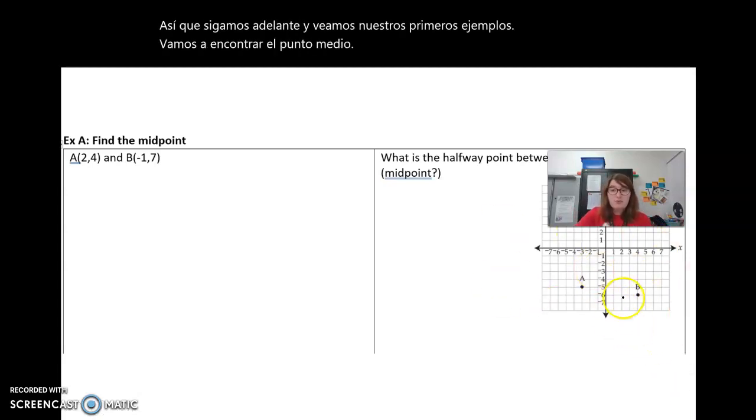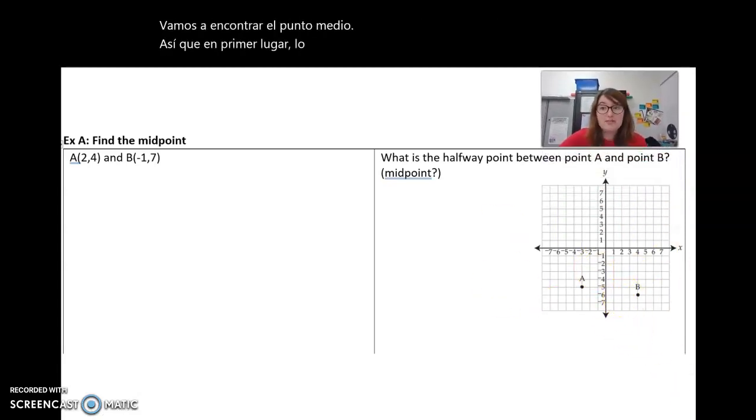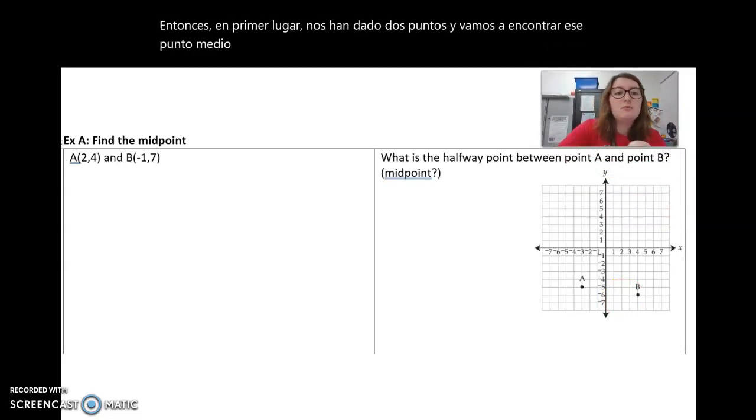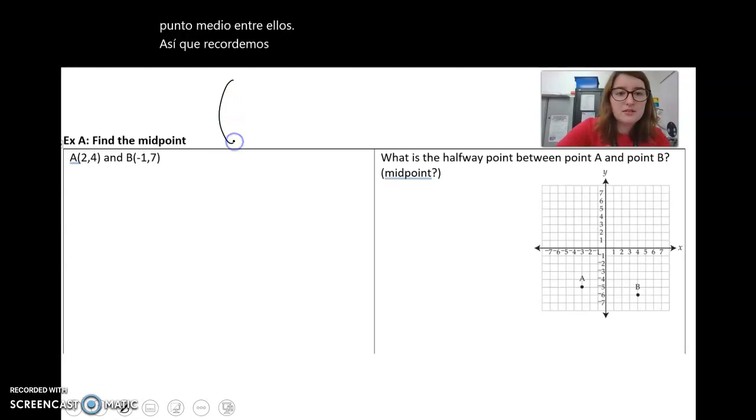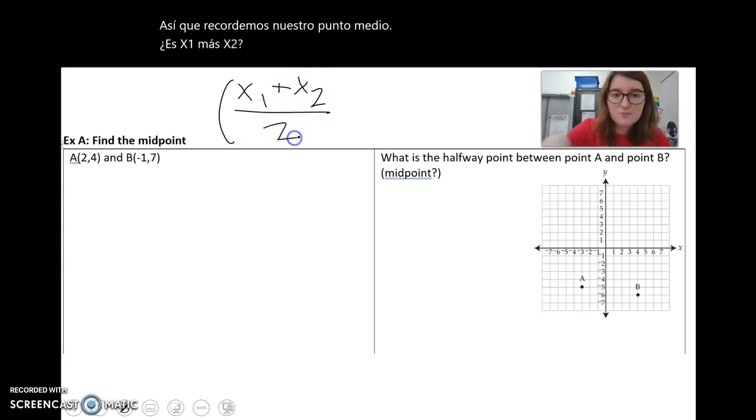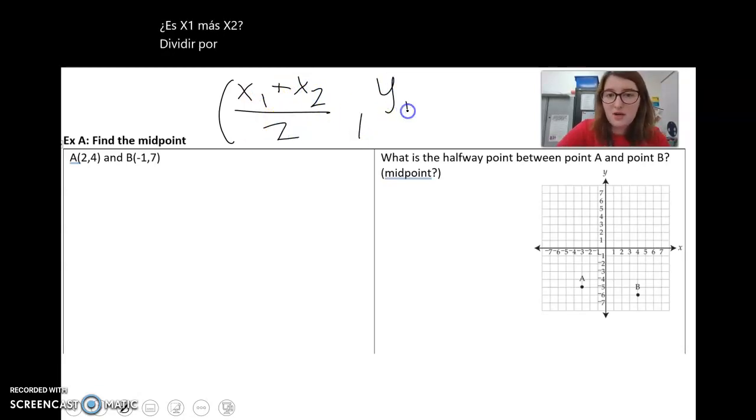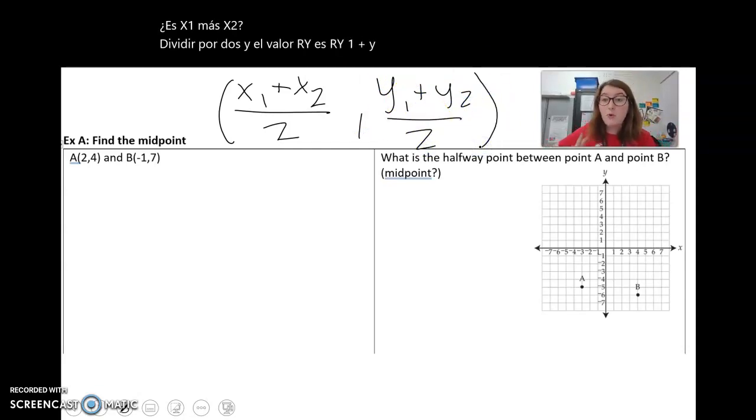So first off, we've been given 2 points and we're going to find that middle spot between them. So let's remember our midpoint is x1 plus x2, divide by 2, and our y value is our y1 plus y2, divide by 2. And it's a point.